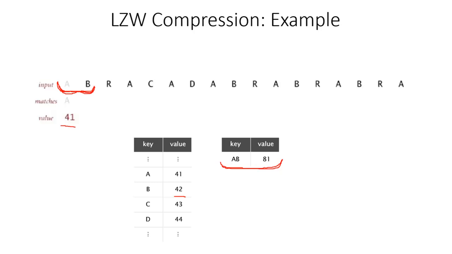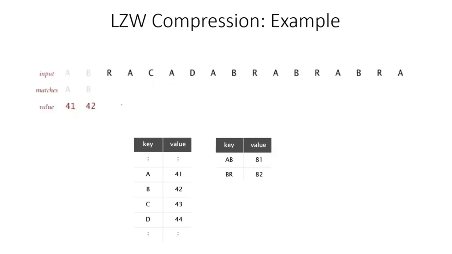Kind reminder that 80 means that this is the end of the file, and everything after the 80 is additional in our compression. Then here we have never met this prefix before, BR, and we say that this BR has a value of 82.